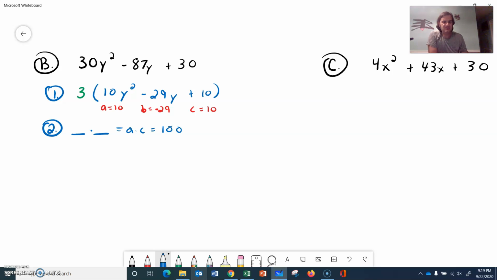That's a positive 100, so we know both our numbers are positive or both of them are negative. They have to be the same sign. They have to add up to be B, which is negative 29. So we now know that our two numbers are both negative. If you play with this long enough, you'll figure out negative 4 and negative 25 should work. You can double check that.